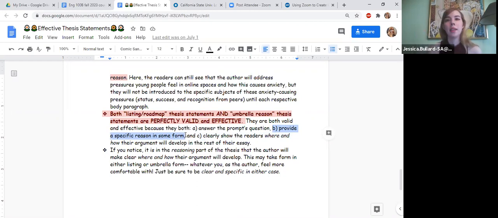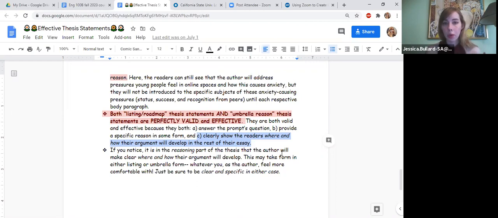So they're either giving us the multiple reasons that they plan to write on in each body paragraph, or they're giving us a more broad thematic reason, but it's still specific, okay? And it will always come after that because or that transitional word. And then lastly, they all clearly show the readers where and how their argument will develop in the rest of their essay. Now, this is really important.